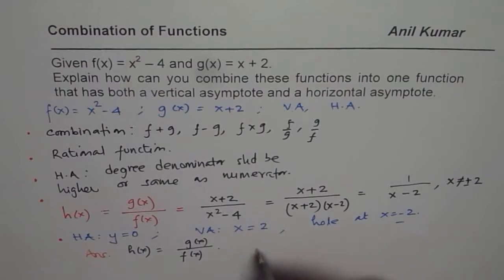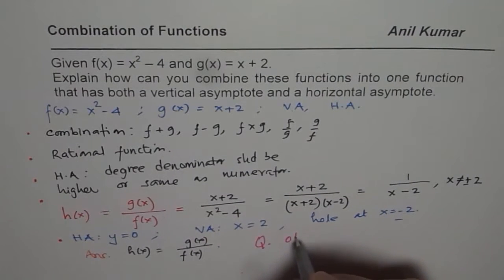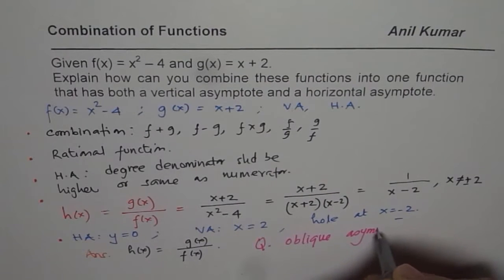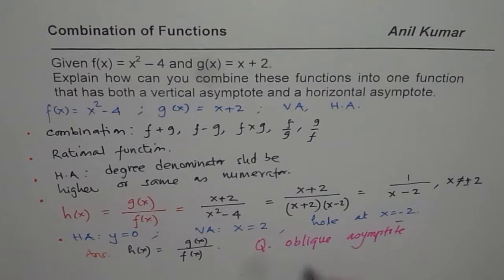Now here's a question for you. In this case, what if we need an oblique asymptote? If I change the question and say we need an oblique asymptote, then how can we combine these particular functions?